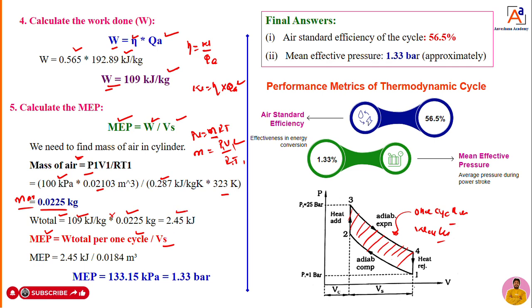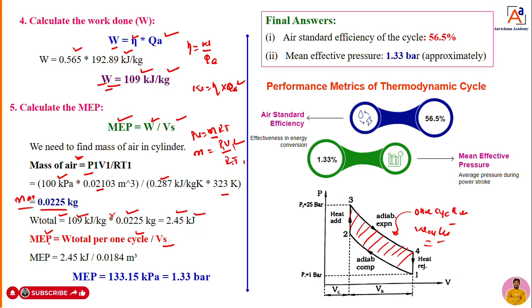When multiplied, you are going to get 2.445 kilojoules of work done per cycle. But this represents a total work done. All cycles you can consider, n number of 200 cycles, 400 cycles, 500 cycles. That is the total work done. But here work done per cycle, I can calculate with the help of the mass of air. Then work done per cycle I calculated as 2.45 kilojoules.